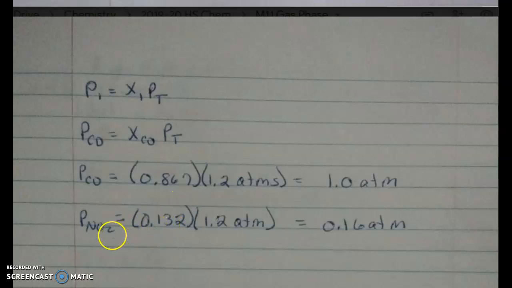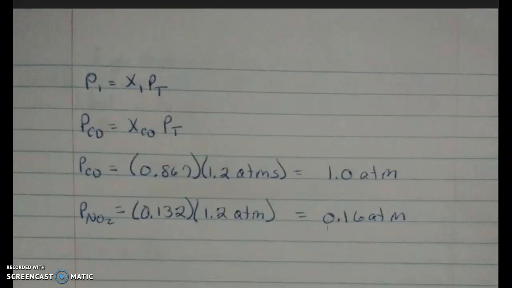For the partial pressure of nitrogen dioxide, we take the mole fraction for nitrogen dioxide, which is 0.132, multiply that times the total pressure of 1.2 atmospheres, and that will give us 0.16 atmospheres. And then that is your answer. And you can check your answer, right?